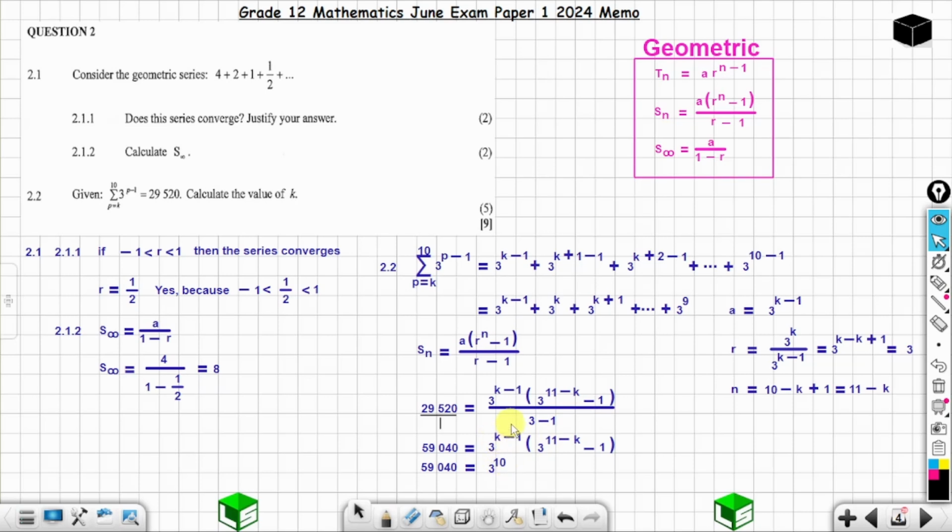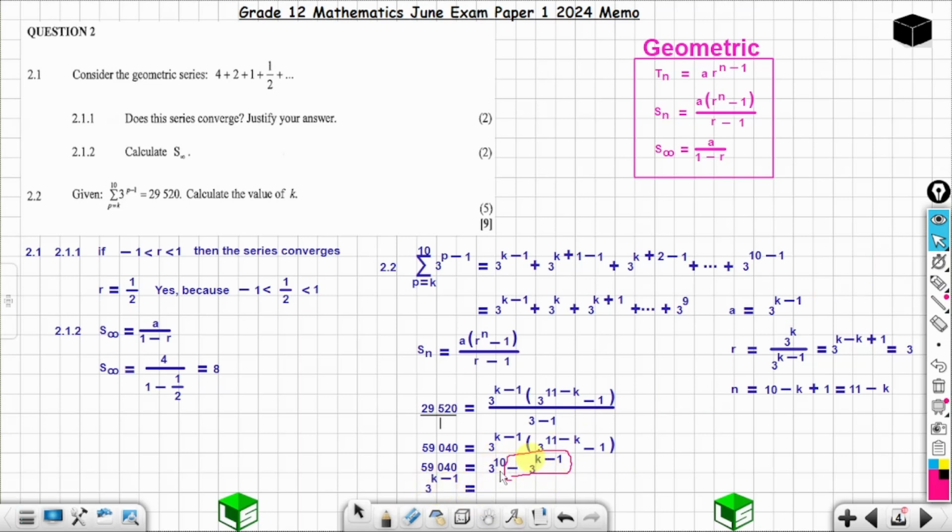You carry on. Now you have this times negative 1. You are going to have this. So you can take this to the left. You are going to have this, to the left.